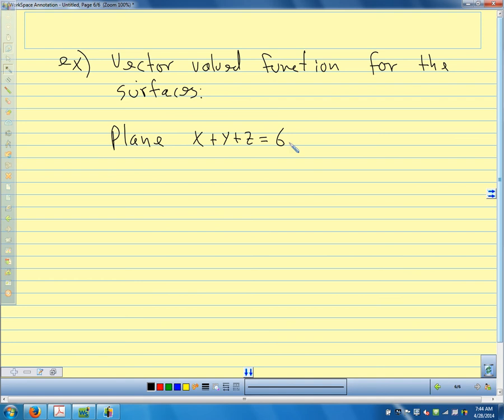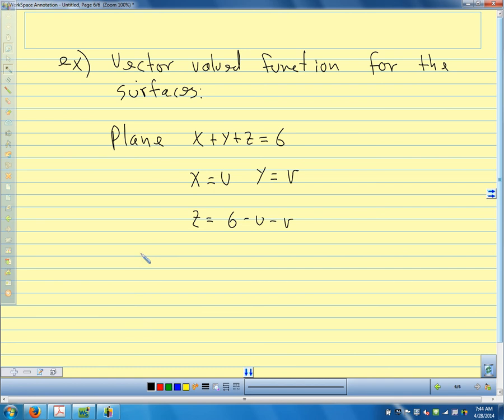So what do we want to do here? We could make x u and y v, or we could make it even simpler, but let's do it that way. x equals u, y equals v, and then how are we going to represent z? z equals 6 minus u minus v.